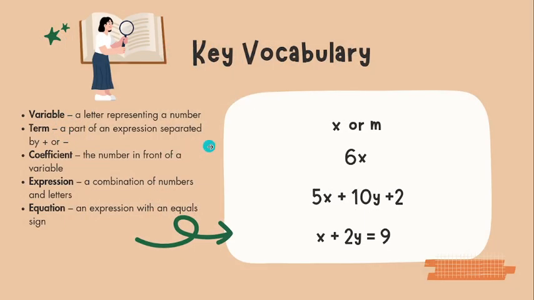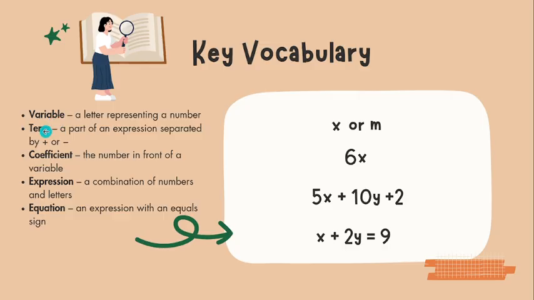Okay, so before we are moving on to our main lesson, we need to get a clear idea about the key vocabulary that will be much more important for the future calculations. So for that, I have given you a few keywords. I will explain each keyword step by step.